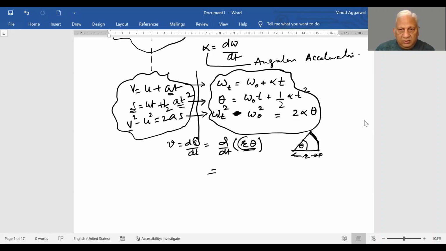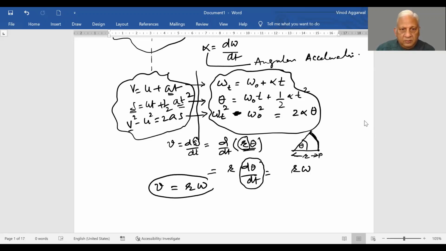Since r is constant, we can take it outside. And this term is nothing but omega, as we have defined earlier. So we can say that linear velocity is equal to r omega. So this is how we convert linear velocity into angular velocity.